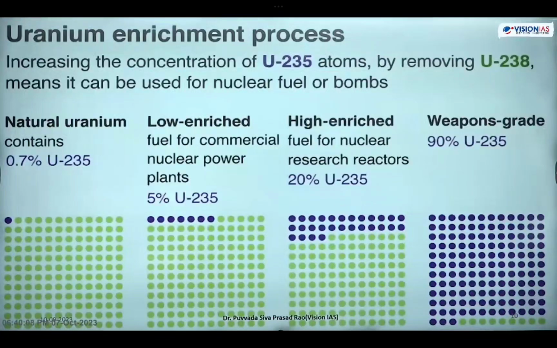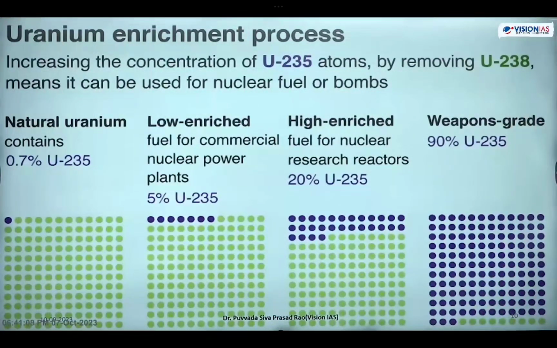Hence, the concentration of uranium 235 in uranium 238 will be increased from 0.7% to 3 to 5%. That is known as low enriched uranium. Do I need to repeat? Just wait. Let the people complete. Okay, completed.